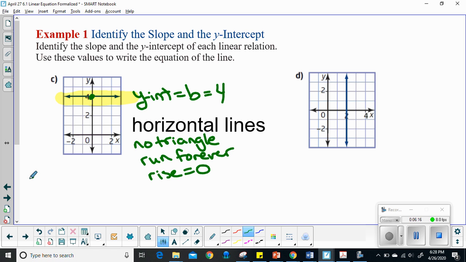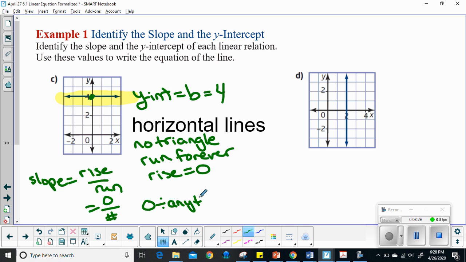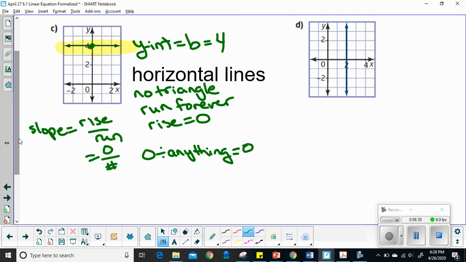So when I go to put that into my slope formula, knowing that slope is rise over run, well, if my rise is 0, it doesn't matter what number I have down here. 0 divided by anything will always equal 0. So my slope for this one is 0. Let's look at that in the equation.